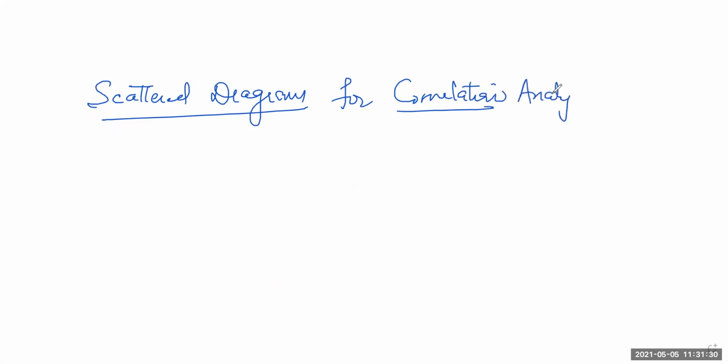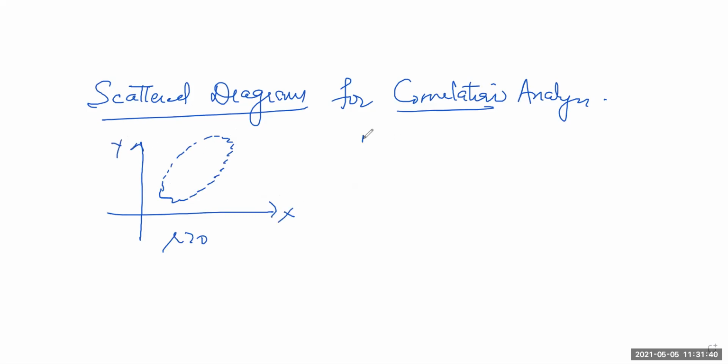Scatter diagram for correlation analysis. So this is the very first figure. So this is r greater than 0. Here you will write in the opposite direction.